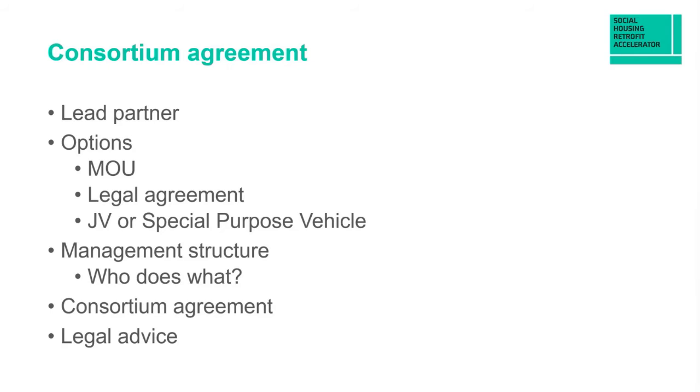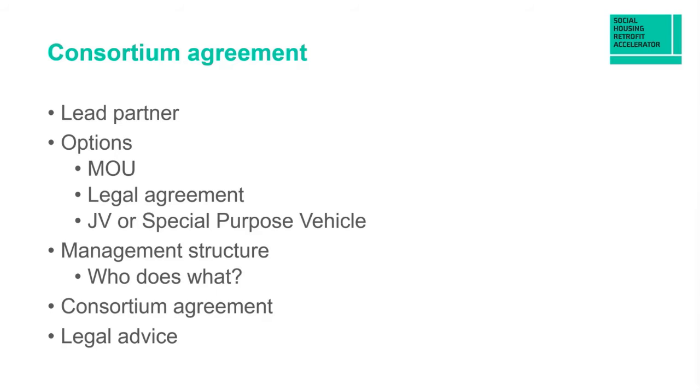Being clear about the obligations of each member of the consortium to each other. All that needs to be set out in a consortium agreement, which, in an ideal world, if the project goes brilliantly, you will never have to consult.